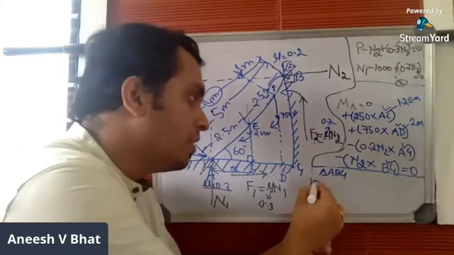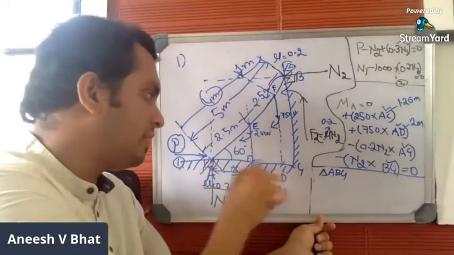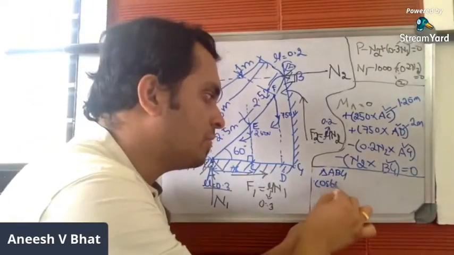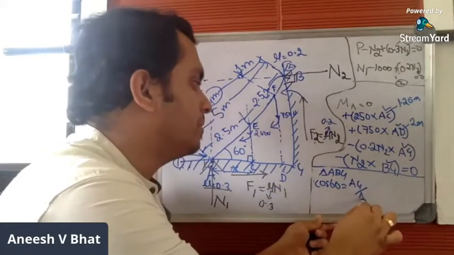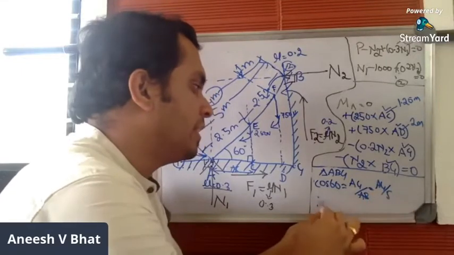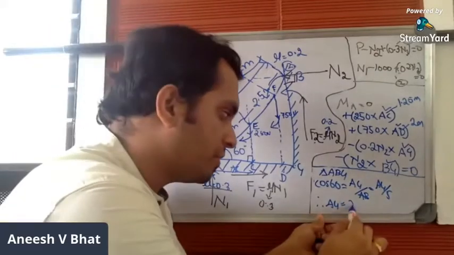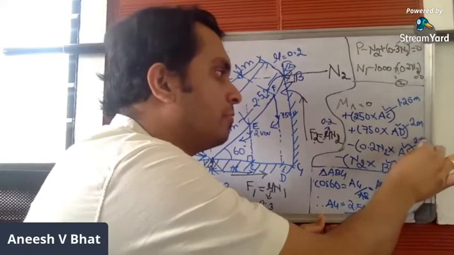In order to find the value of adjacent side AG, we have to use the cos operation. So cos 60 will be AG by AB. AB is 5. Therefore, AG is equal to 5 cos 60, which is 2.5 meters.